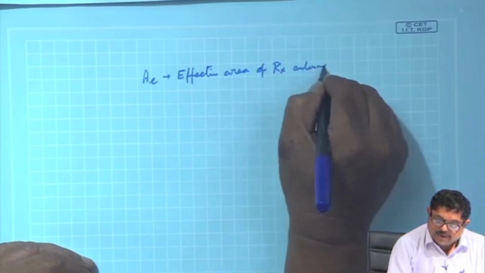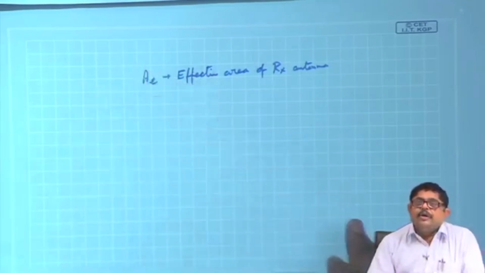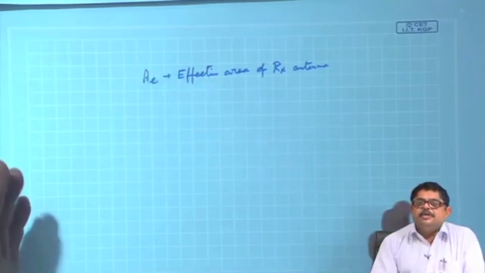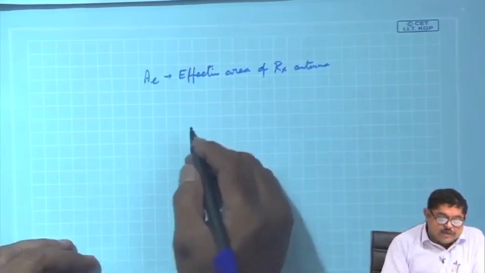Actually, this AE parameter is required for any receiving antenna. For the transmitting antenna, I have not specified it because it is transmitting, but for the receiving antenna we need the effective area.